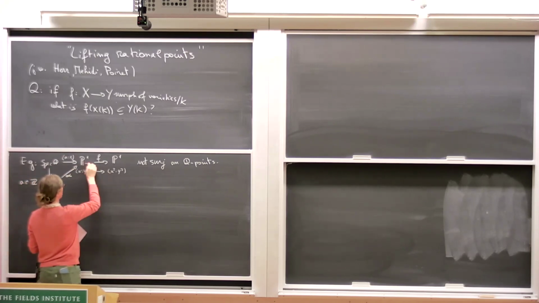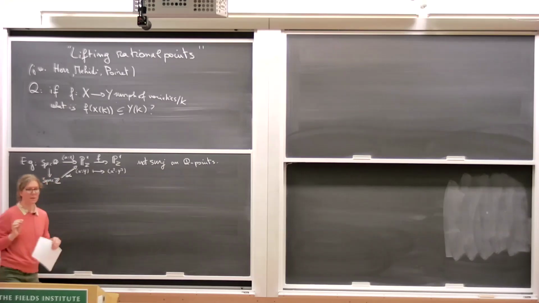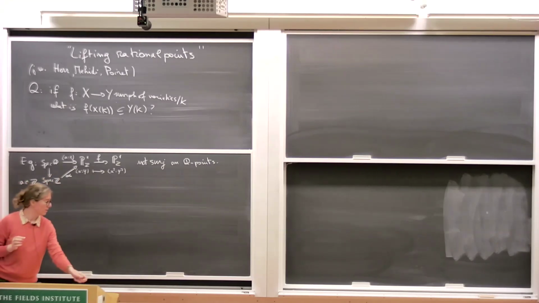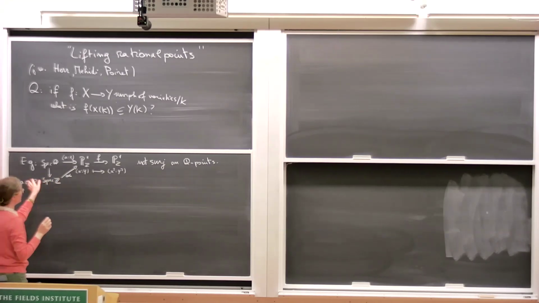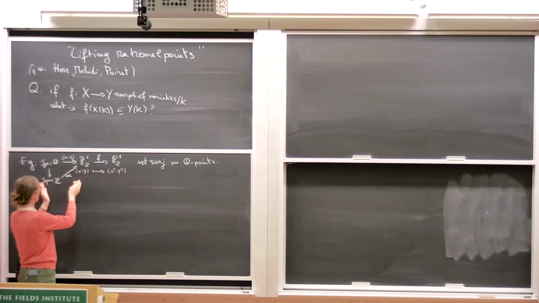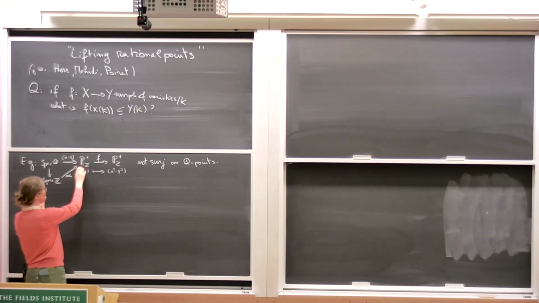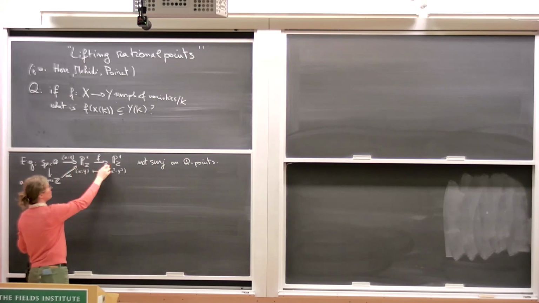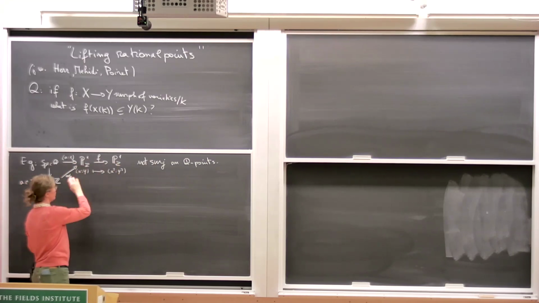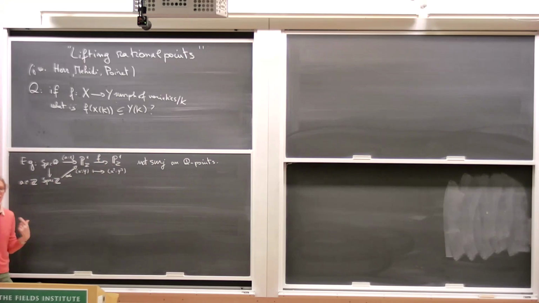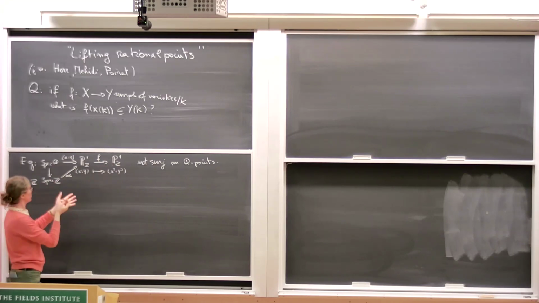So I'm working over Z if you want to. What happens is that I can look at this as a map here, but of course the composition is a Q point here as well. And then the question is what happens?